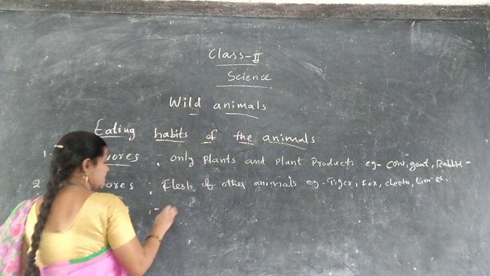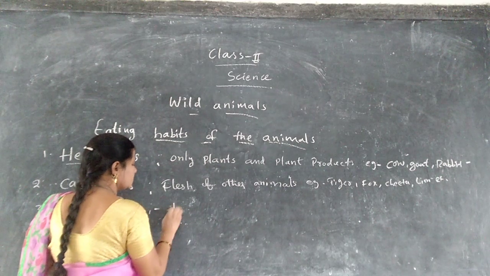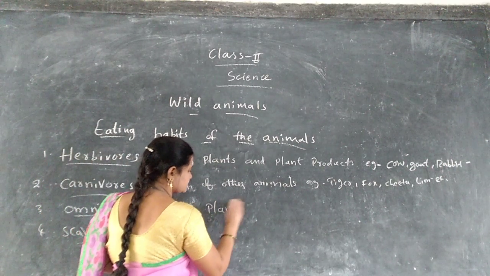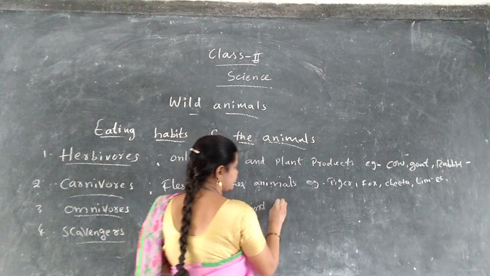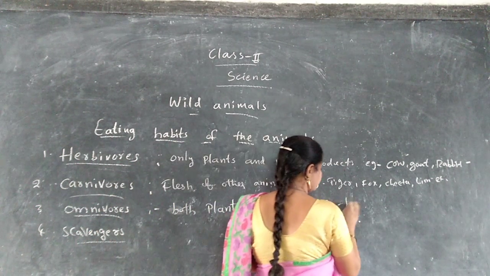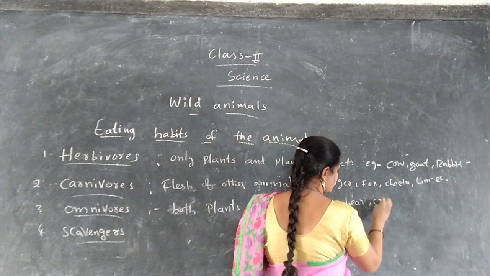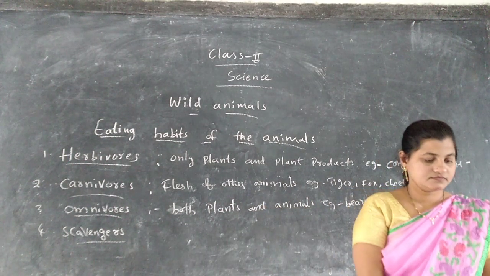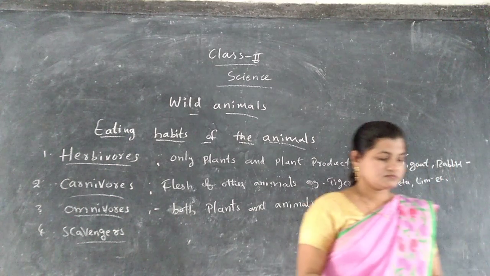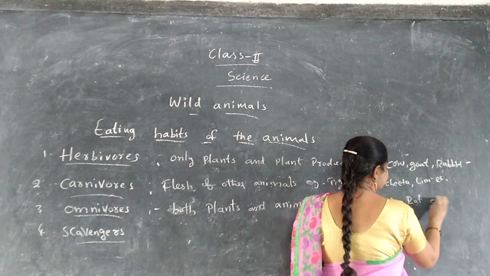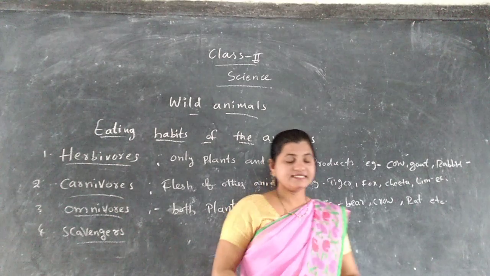For example, crow, eating both plants and animals. For example, bear, crow, rat, etc.